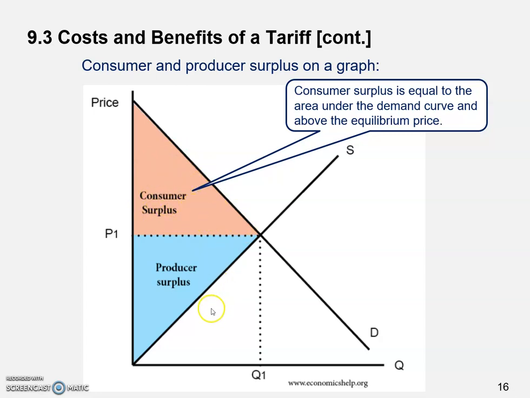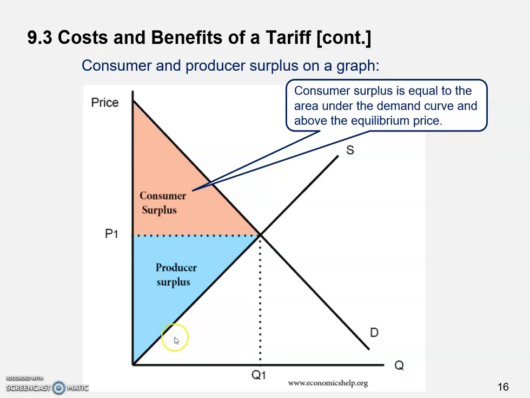On the supply side, we can do the same thing. If producer A is willing to sell at the lowest price, then we put him or her right here. The producer surplus would be the area above him or her, but below P1, because P1 is how much he or she actually receives.